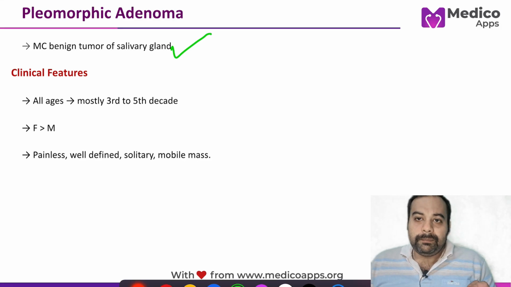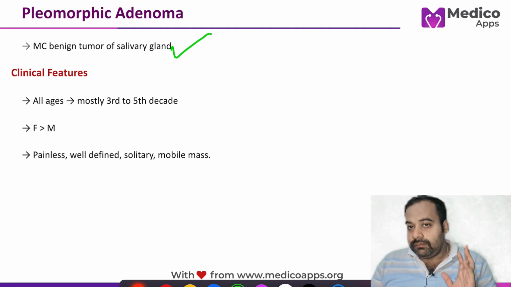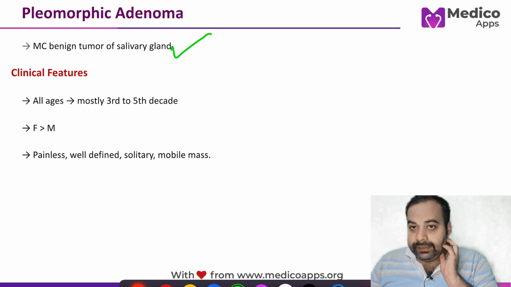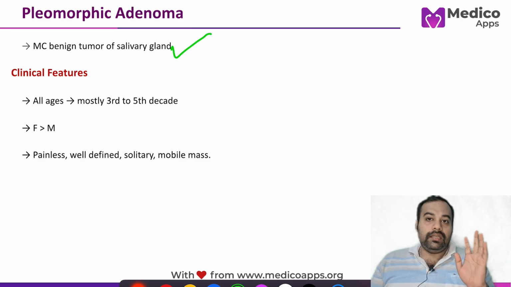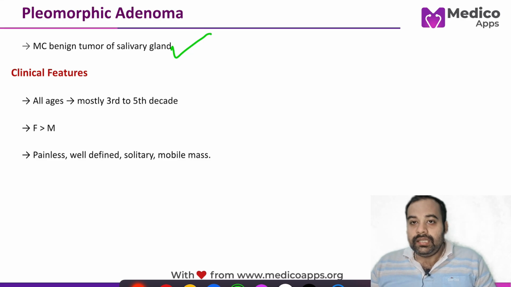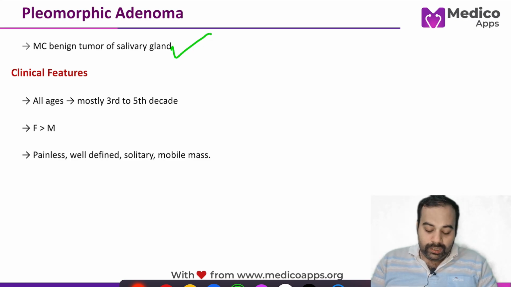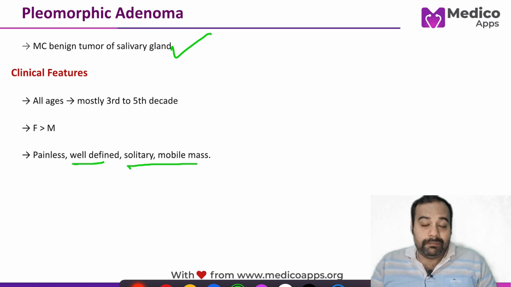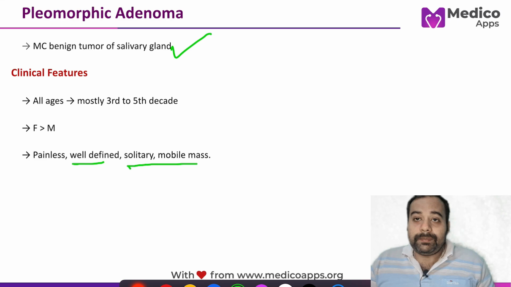The typical presentation: the patient simply comes to you with a swelling in that particular area, and on asking whether there is any pain, the patient denies any pain. It is a well defined solitary lesion, a mobile mass, and slow growing.